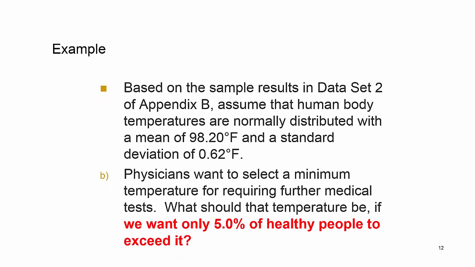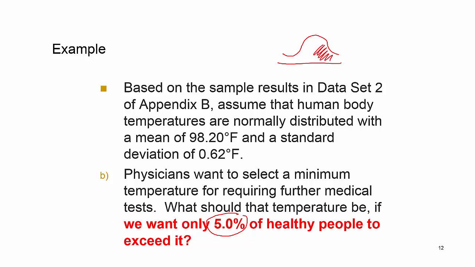To continue this problem, physicians want to select a minimum temperature for requiring further medical tests. What should that temperature be if we only want 5% of healthy people to exceed it? Anytime they give a percent that's not an x, that is area under the curve. That's the shaded region.